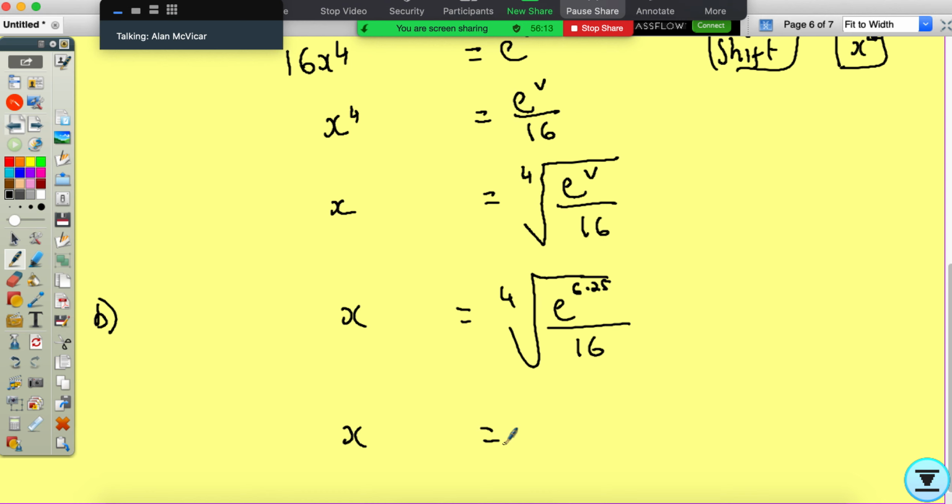I think I'll put my fraction button in next. Then shift and LN gives me my exponential, 6.25 and 16. Right. And my calculator gives me 2.385, which is 2.39.